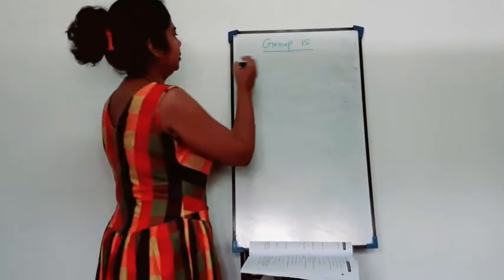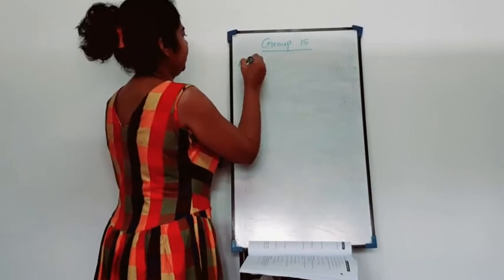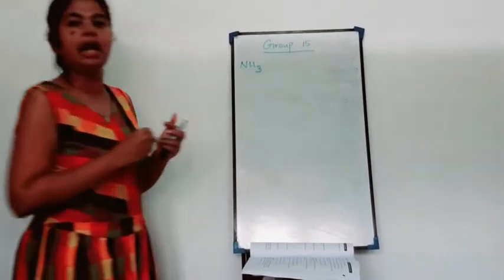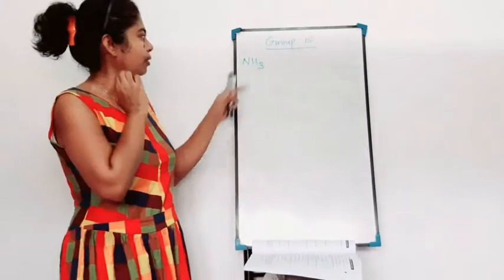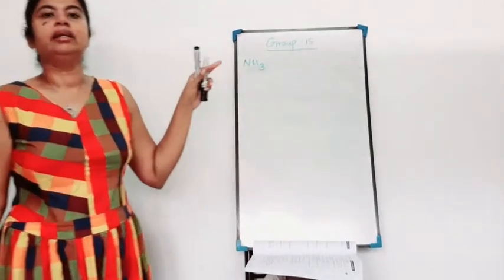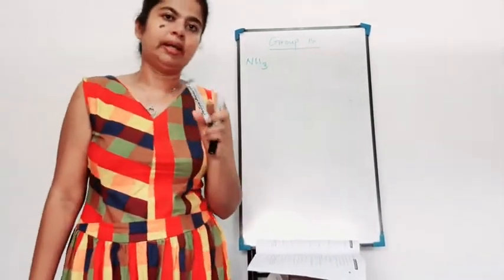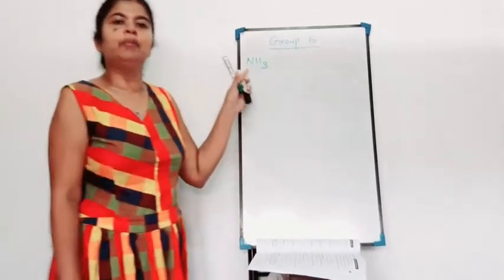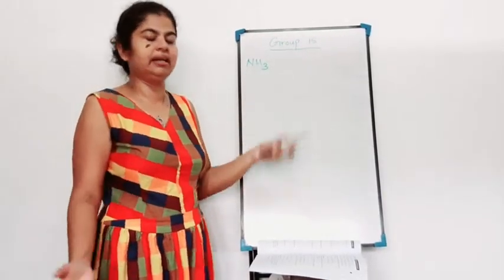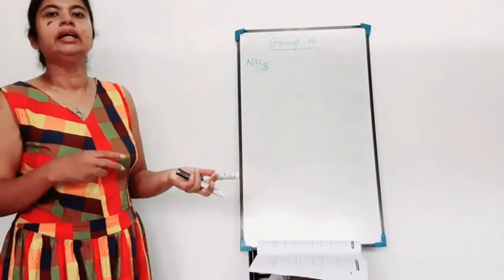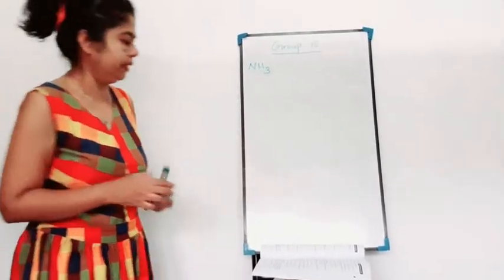Right. NH3. This is ammonia. You know, this is a covalent compound and nitrogen has one lone pair on ammonia. Okay, so it can be involved in dative bonds also. Right.